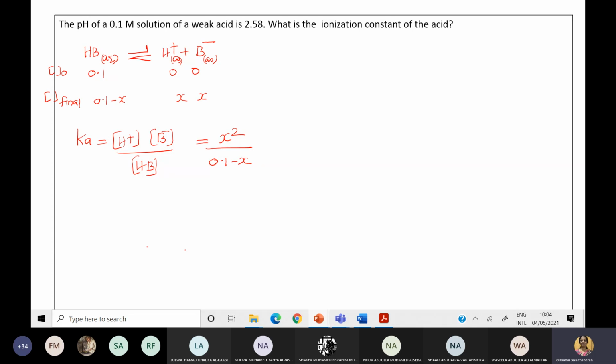Now, how do you find the concentration of H plus? pH is equal to 2.58. From pH, you can find the concentration of H plus. It is 10 to the power minus pH, that is 10 to the power minus 2.58.